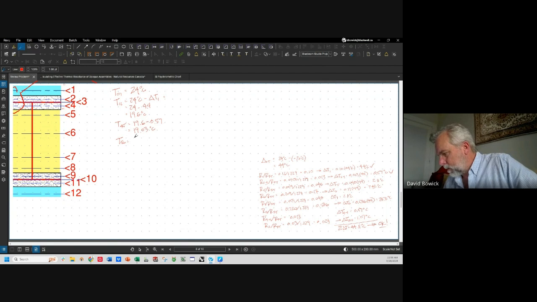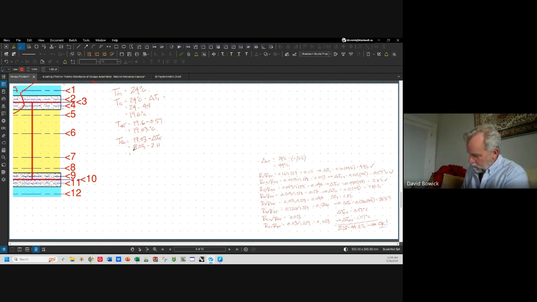T56 equals 19.03 minus delta T5, 2.11, which is 16.92. T67 equals 16.92 minus delta T6, 7.48.